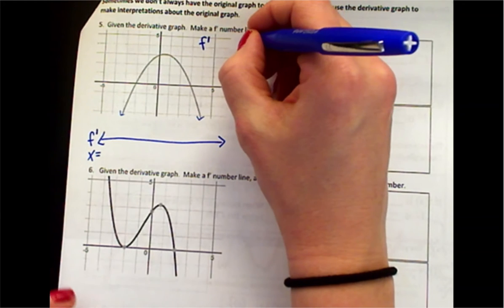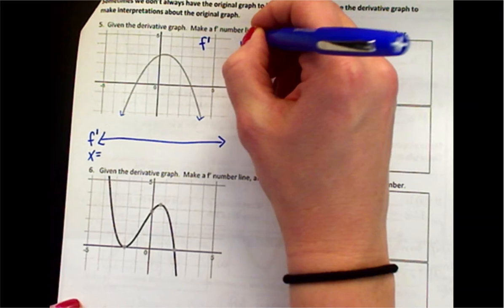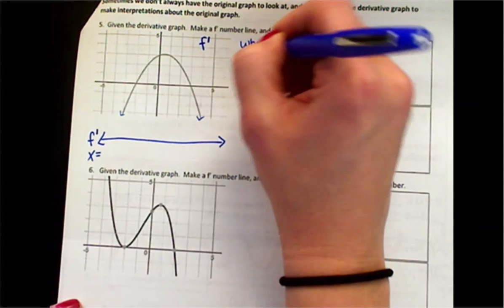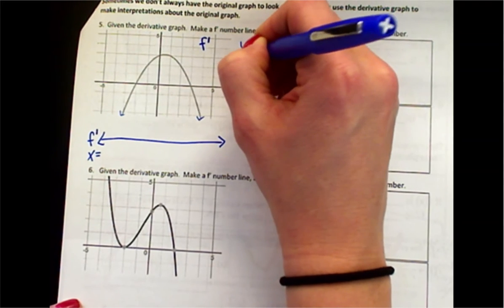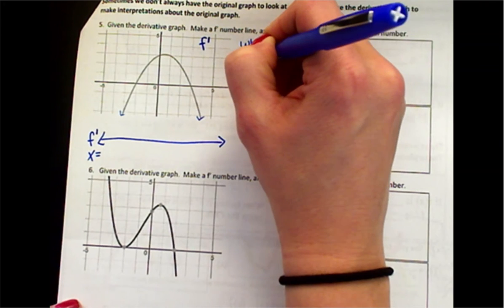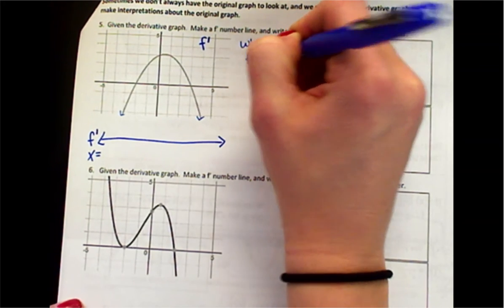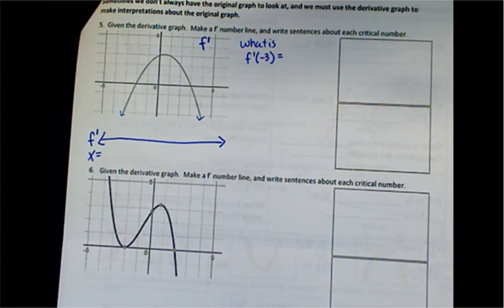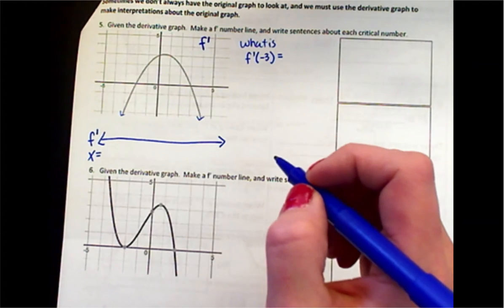So I'm going to ask you, what is f prime of -3? What is its value? Negative, negative, negative what?